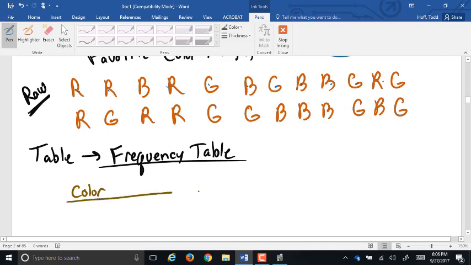So in the frequency table, we list what our category is. In this case, it's color. Then we're going to list the frequency.